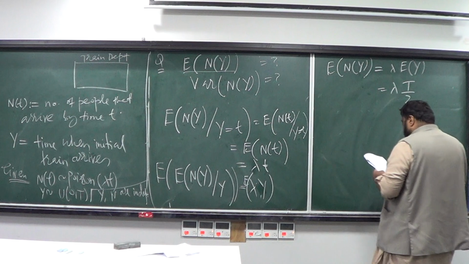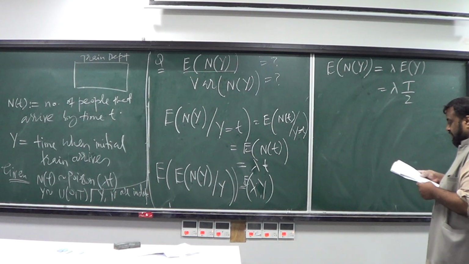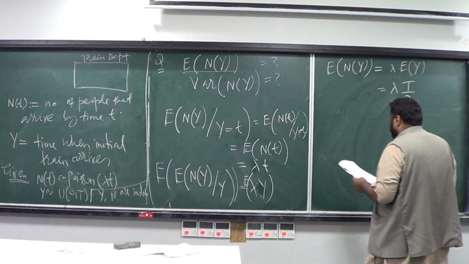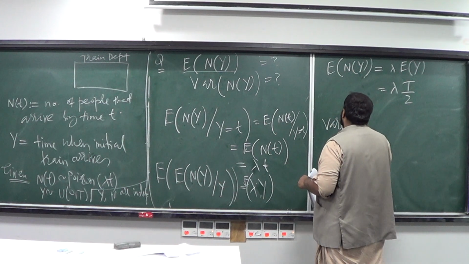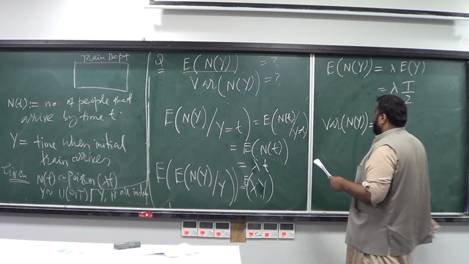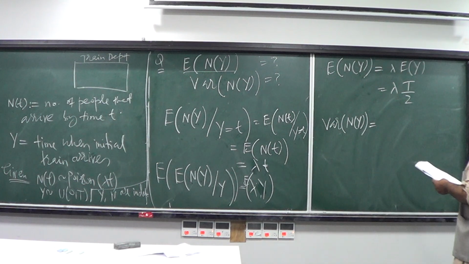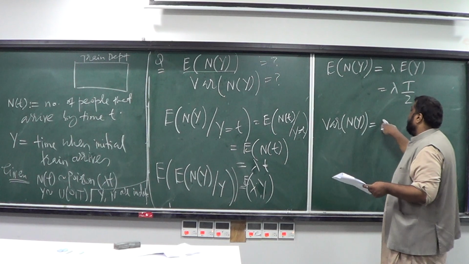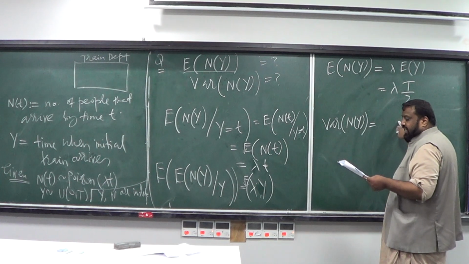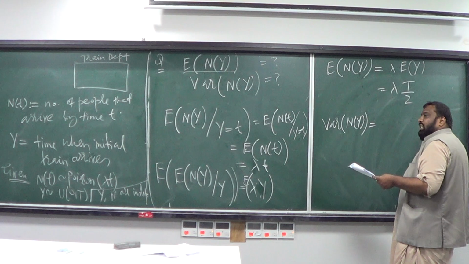The next thing is to compute the variance of N of t. For the variance of N of Y, I'm going to use the formula which we developed previously: the variance of a random variable is the expectation of the conditional variance plus the variance of the conditional expectation.